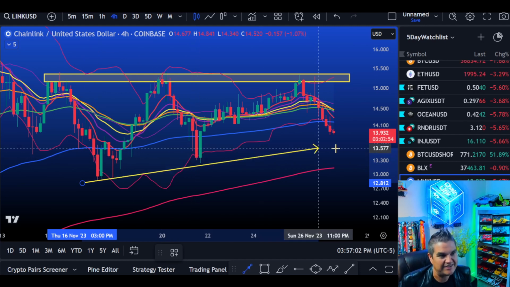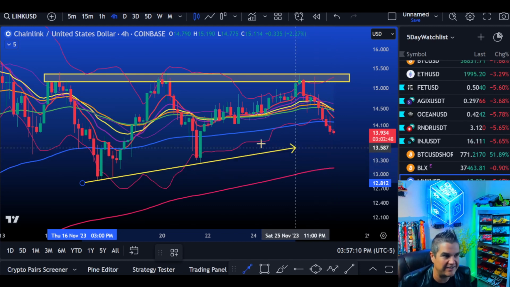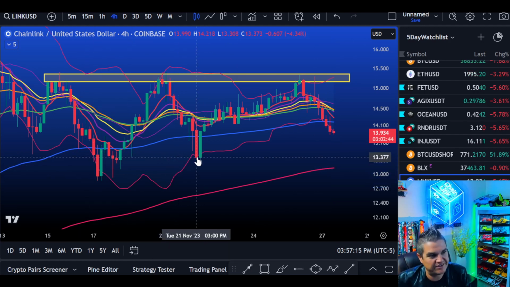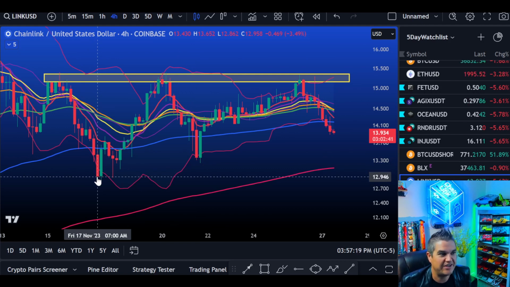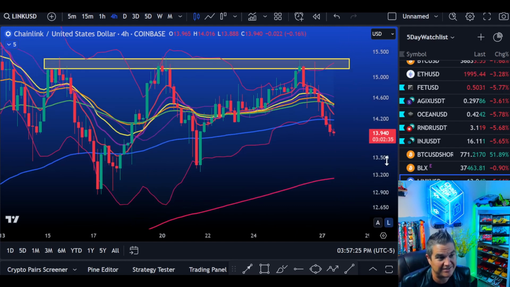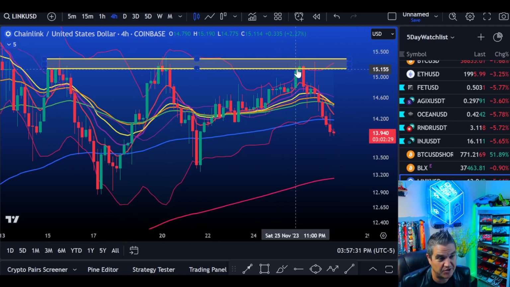If we close under that, then our next spot to look at is this 200 EMA, but more likely than not, that's not likely to hold because we would be taking out this low. By definition, we'd be putting in a lower low and we'd have to maintain the bias of the downtrend, the newly formed downtrend after rejecting 3 times off of this zone, okay?